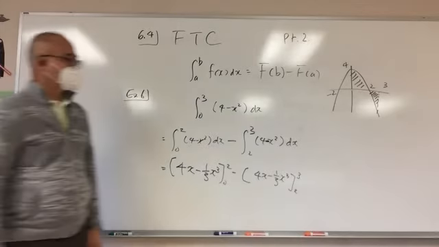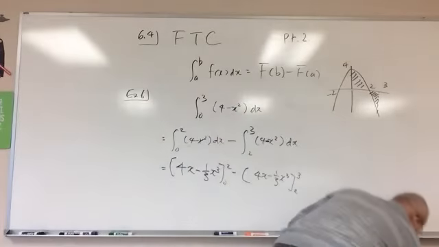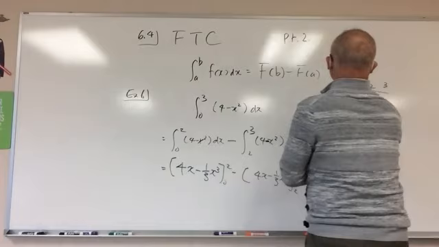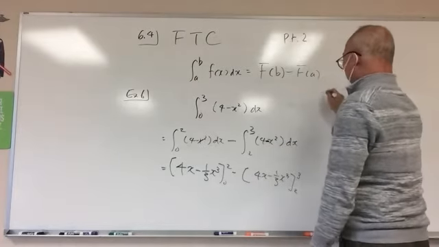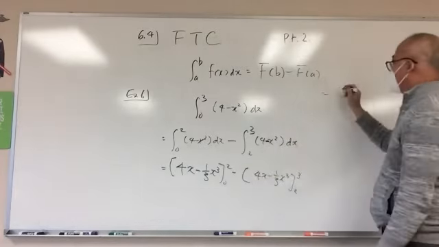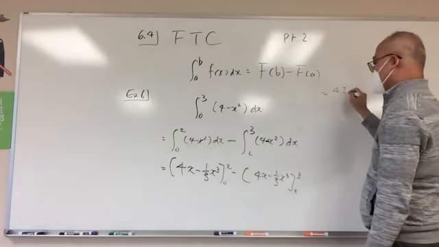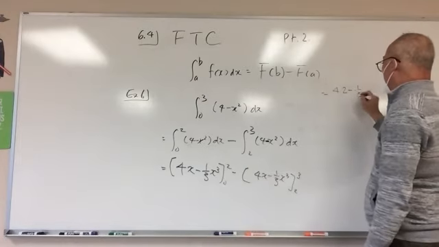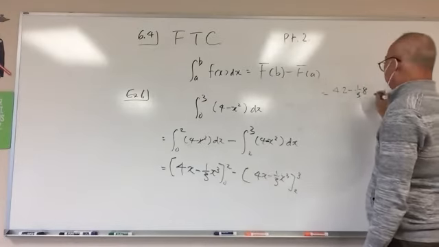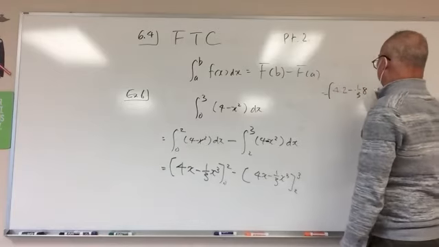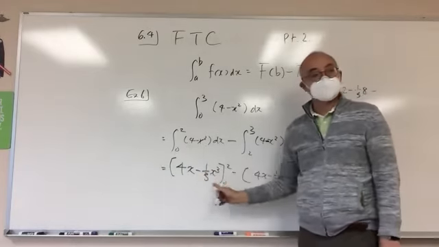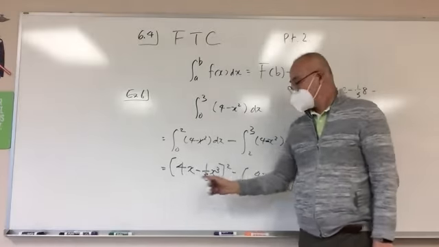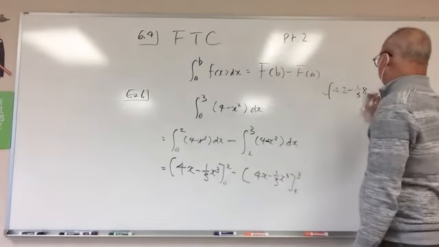Okay. So what I'm going to get over here from 2: I put 2 in, I get 4 times 2 minus 1/3 times 8, right? And then I'm going to subtract out the 0. But when I put 0 in, what do I get? I get 0 and 0, right? So there's nothing there, so I'm not even going to write that.